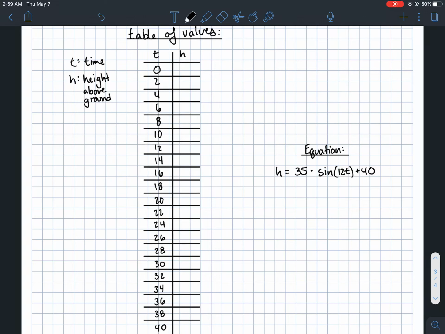And I put that into a table calculator on Desmos. At 0 seconds, I'm at 40. Then, at 2 seconds, I'm at about 54.236.